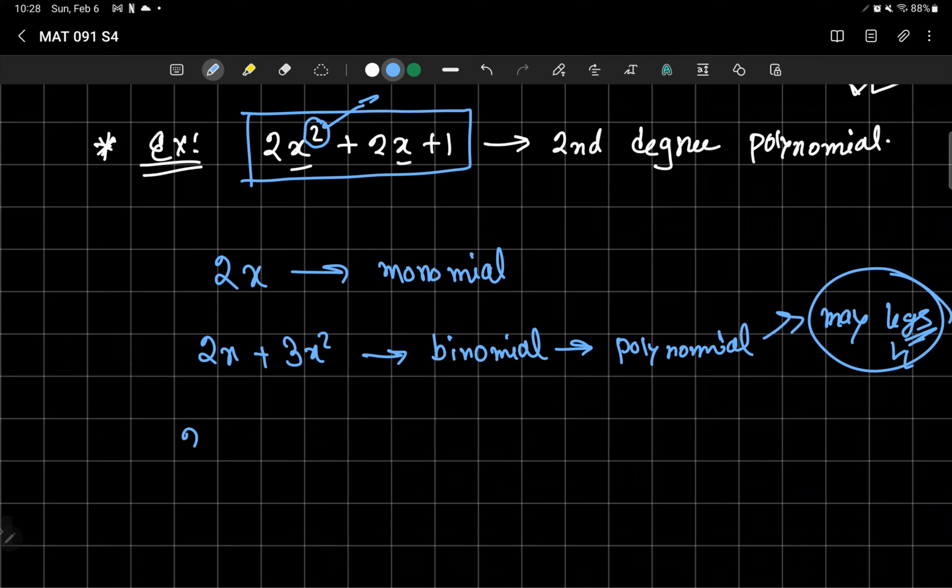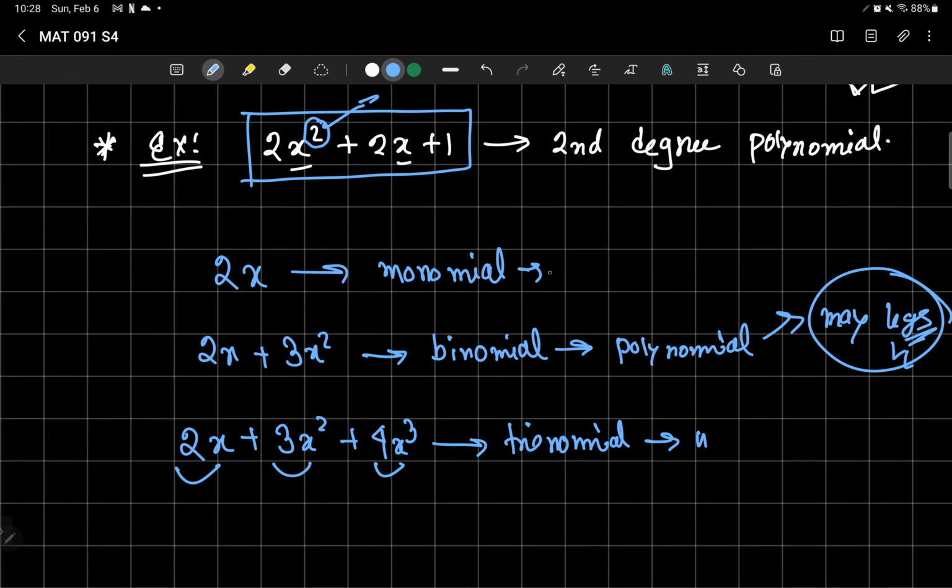Then you can have another expression like 2x, 3x squared, 4x cubed. This is called a trinomial because there are three terms. And this is also a polynomial, and so on. So in general, you can call all of these quantities polynomials.